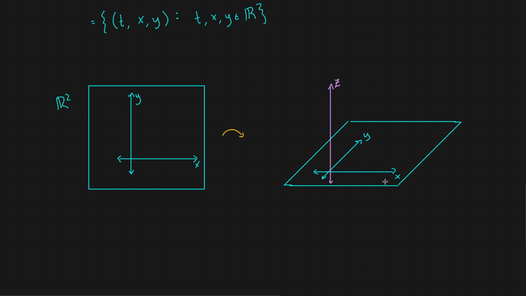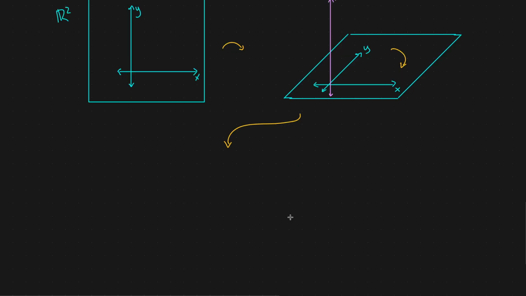We're going to take this whole plane and rotate it so that the positive part of the axes are front and center for each of the axes. So if we rotate it in the plane counterclockwise 90 degrees, what we are going to get is how we usually draw our three-dimensional space.